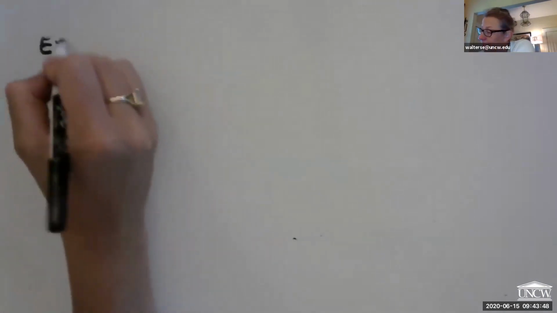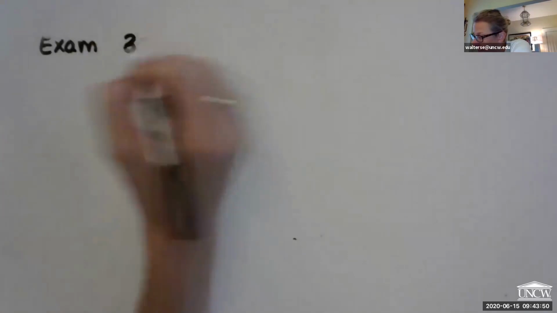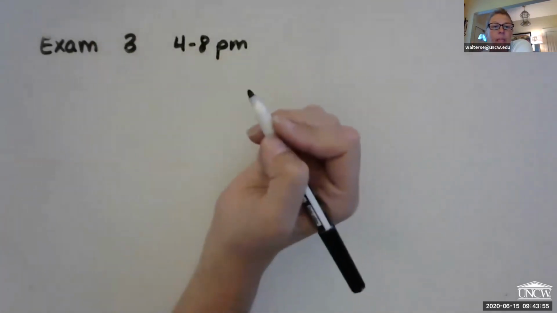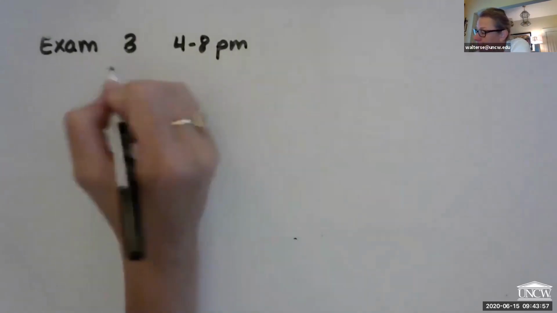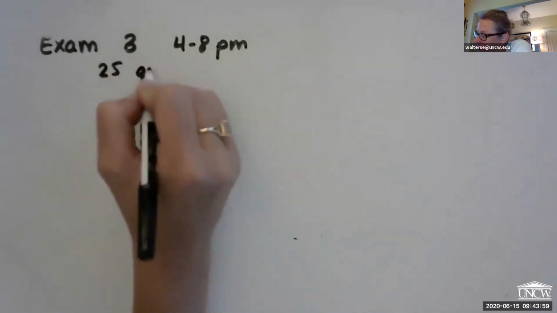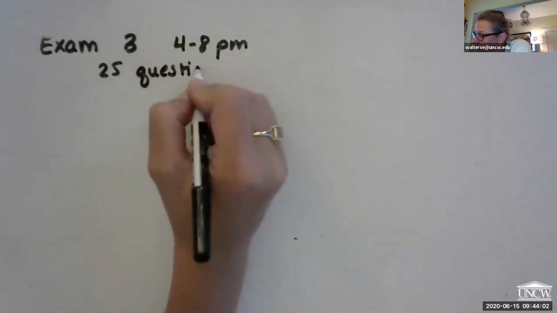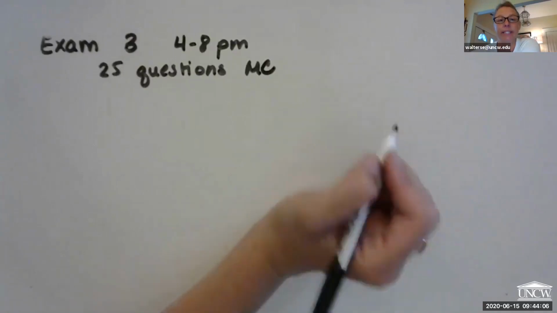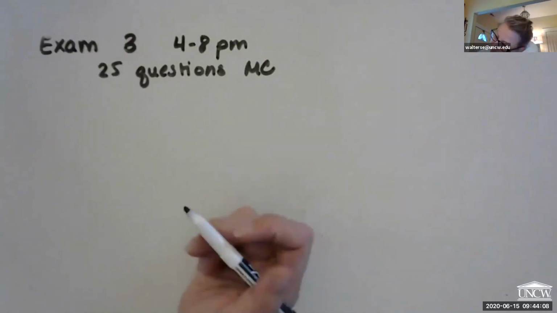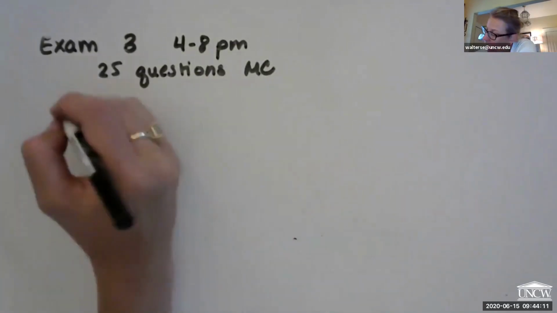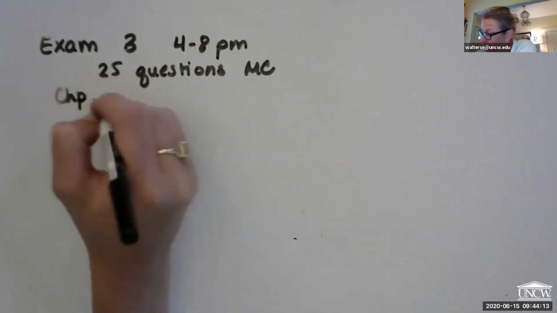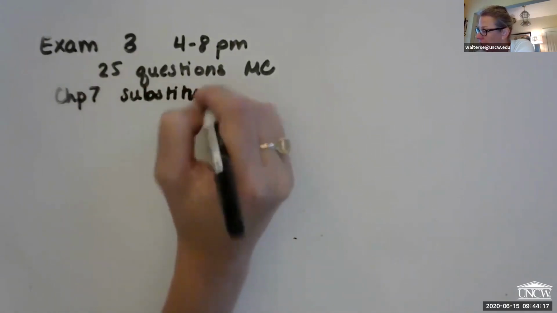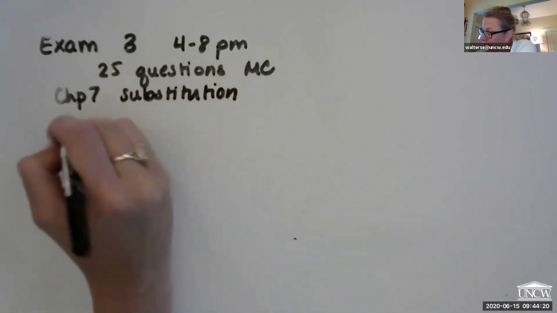So exam 3 is tonight. It'll be, again, from 4 to 8 p.m. It'll be on Canvas. It's 25 questions, multiple choice. Each is worth 4 points apiece. It is chapter 7, which is substitution, and chapter 8.